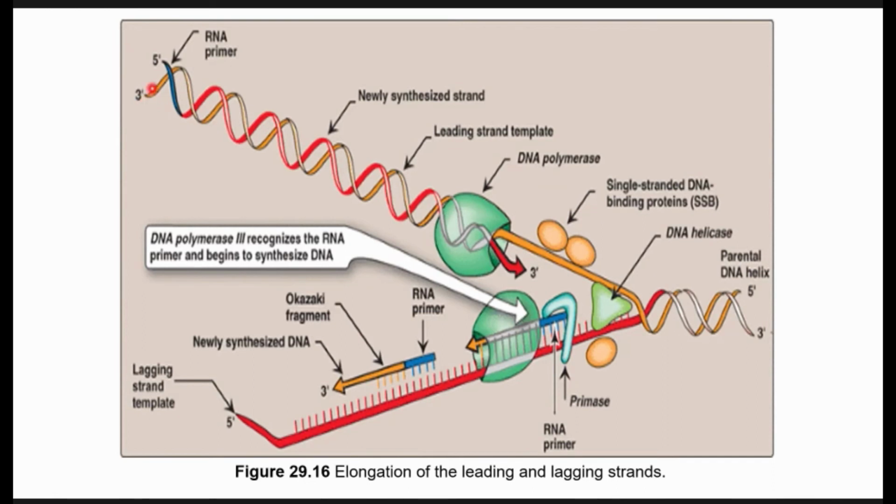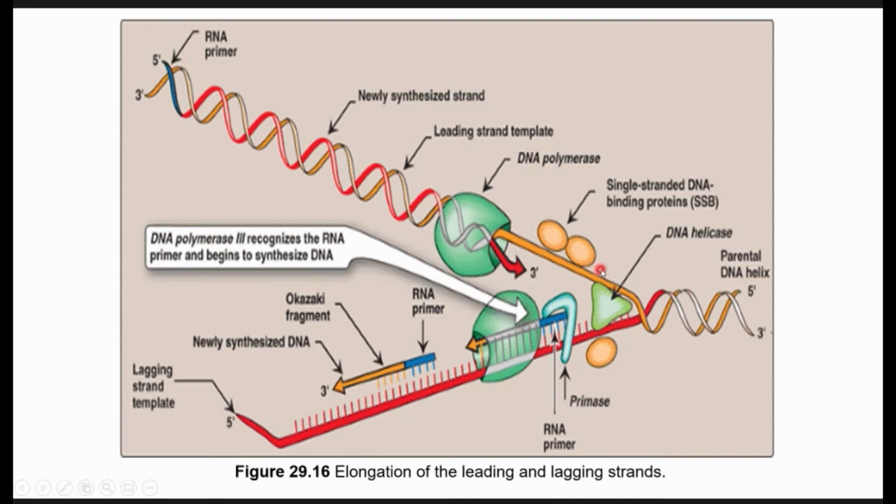This is the 3 prime, and it ends at the 5 prime. And this is the DNA helicase, opening up in this direction. When it goes from 3 prime to 5 prime, in the direction of the helicase, the duplication will be continuous. There is no problem at all, because the reading is 3 prime to 5 prime and the synthesis is from 5 prime to 3 prime.